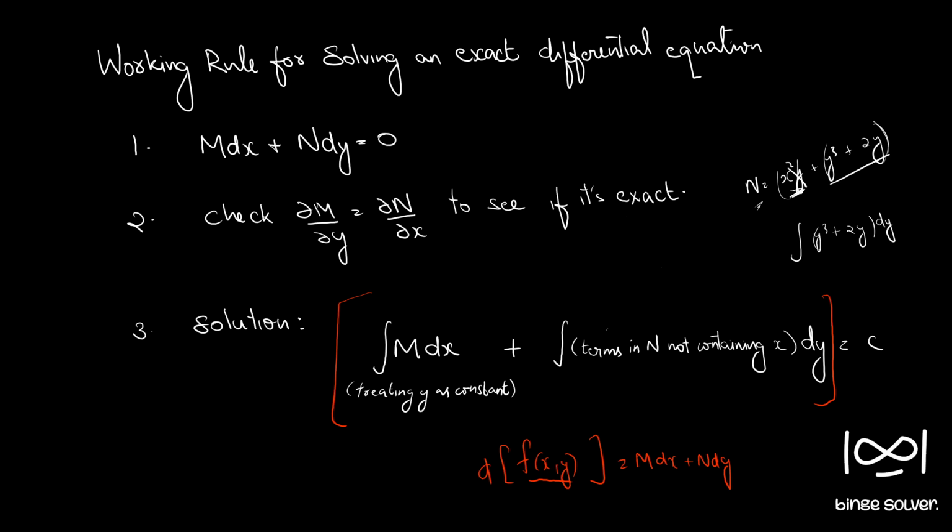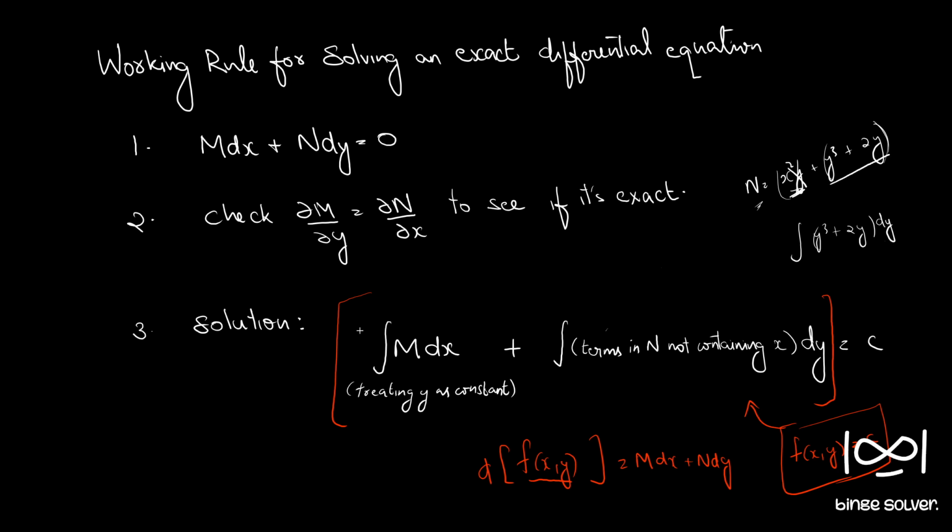In the solution also, as I mentioned earlier, this is the f of xy part. Once we have this f, the solution for an exact differential equation will be f of xy equal to c. So this is what is written here: integral M dx plus integral of terms in N not containing x dy equal to c.